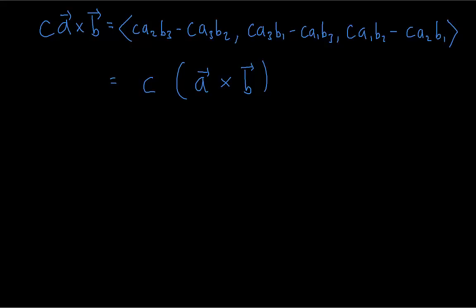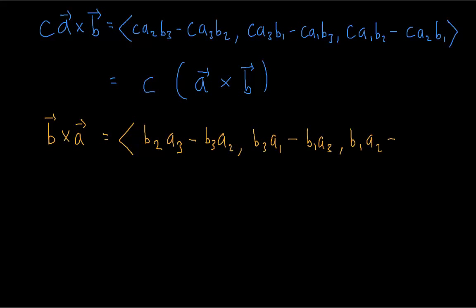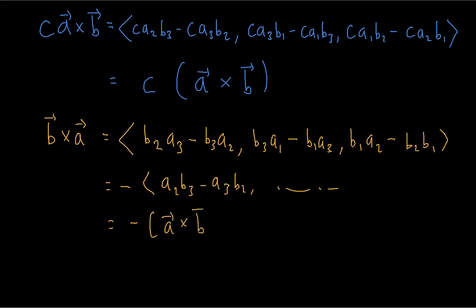Now, if we have b cross a, then to get that, we just have to look at the formula and switch the a's and b's. We find that it's the negative of a cross b.